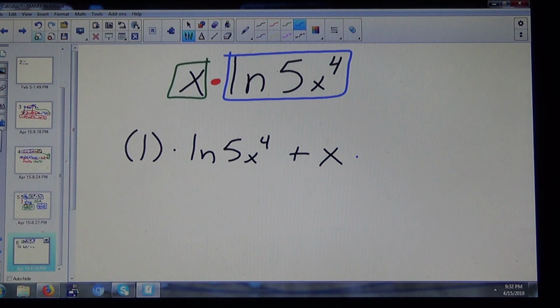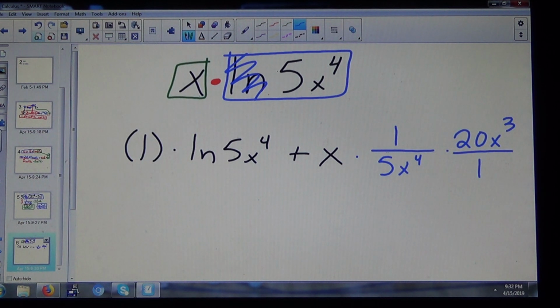So of the second part there, derivative of ln, that's the farthest to the outside, so that would turn into 1 over 5x to the 4th times, we're done with the ln. So I gotta do the derivative of that guy, which would give me 20x to the 3rd. Okay? And then if we look here, we do some simplifying. 1x can cancel out with this 1x, leaving me with 3.